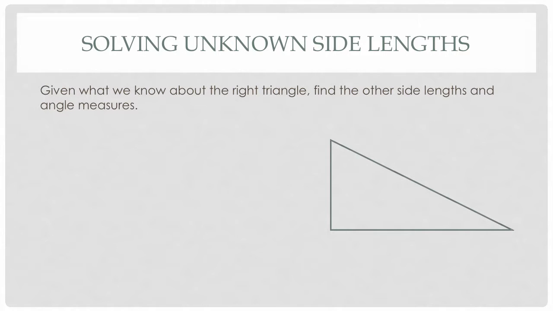Well, the first thing to start with is we can find unknown side lengths. So let's come up with a triangle and some side lengths that we don't know here. It's going to be a right triangle. And let's say this is 28 degrees right here.